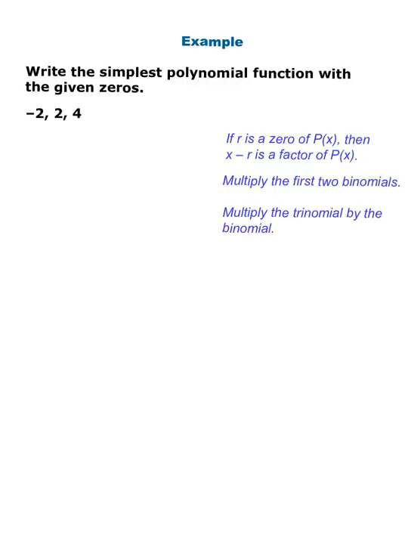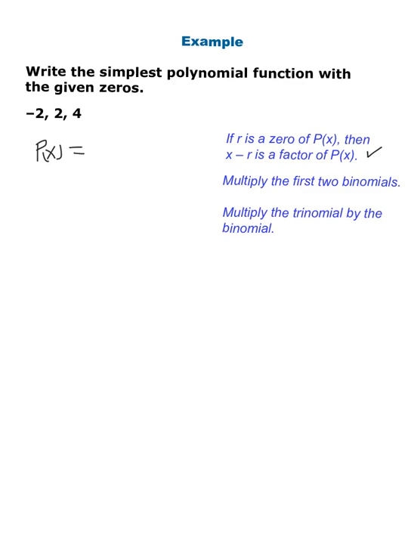Okay, so here, write the simplest polynomial function with the given zeros. So how are we going to do that? I'm going to write p of x. Remember, I'm using this first step: x minus r is a factor of p of x.